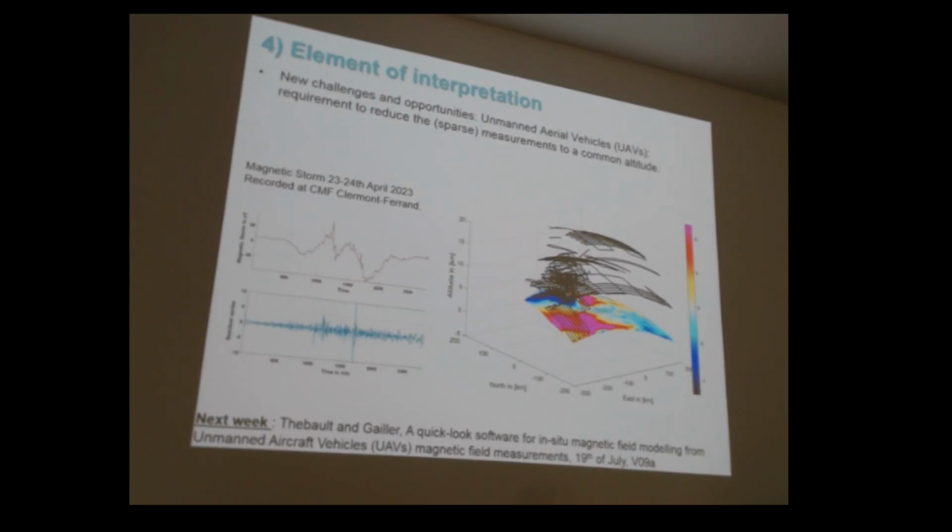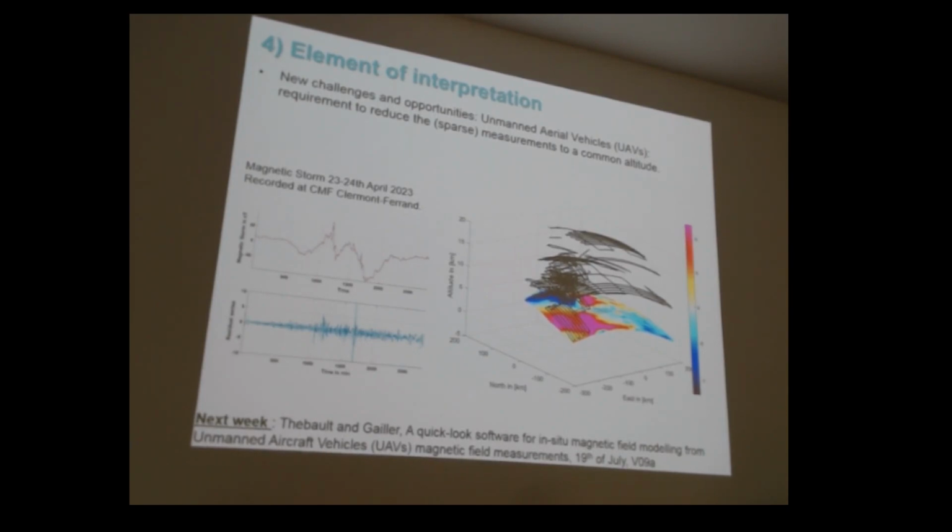Another thing is that in remote areas, you can have the effect of the external field. Here is a picture of the magnetic storm that happened on the 23rd and 24th of April, 2023. You heard about this? Very nice aurora.